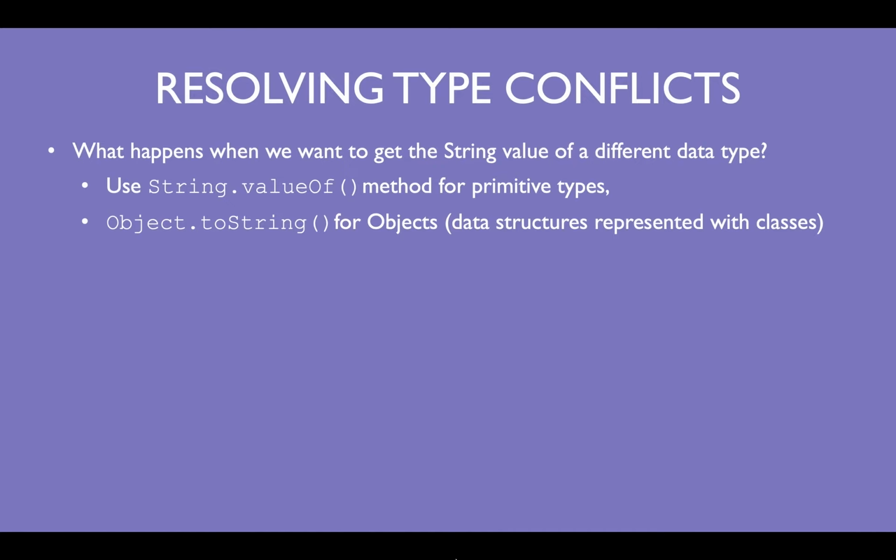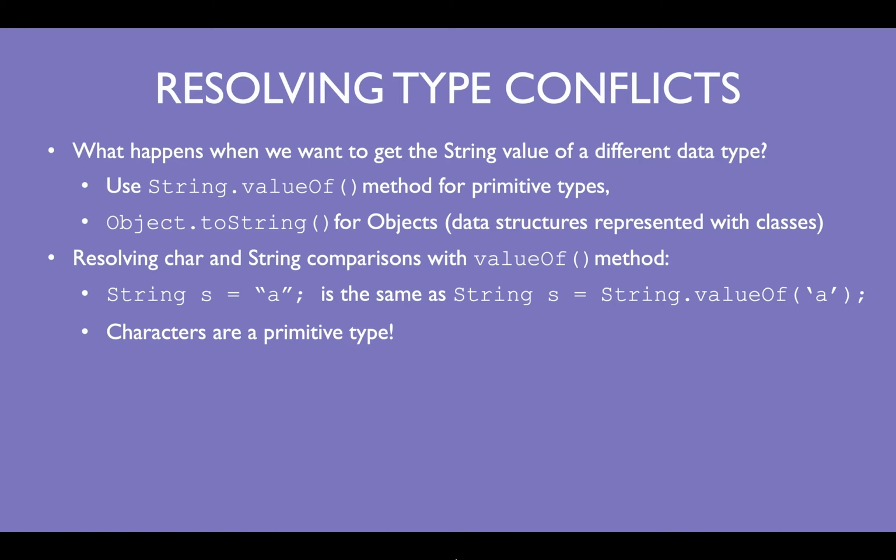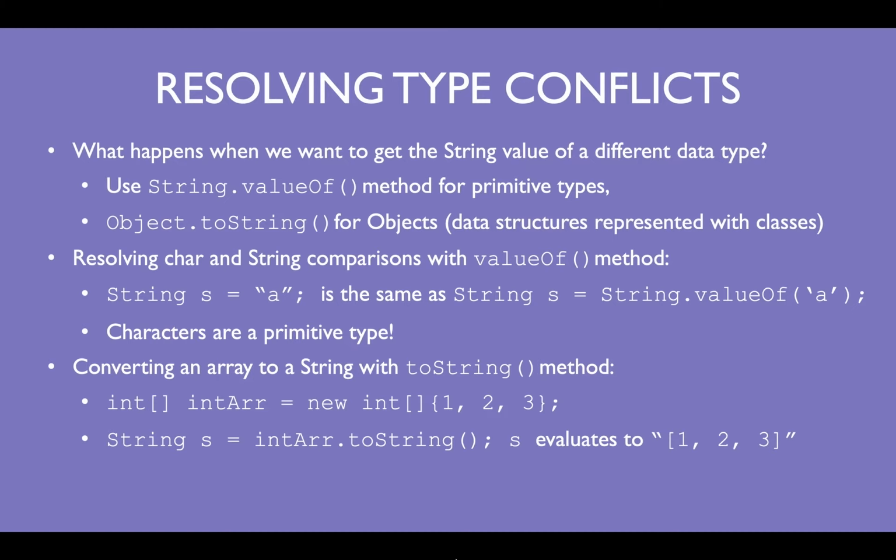So there are 2 options here. We can use the String.valueOf method for primitive types, or we can use the toString method that all objects inherit for objects. And this is for like data structures represented with classes.